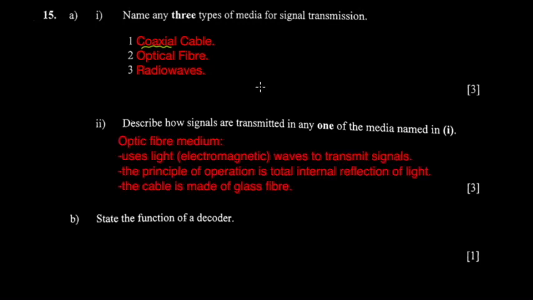Describe how signals are transmitted in any one of the media named in one. So we named optical fiber. So it uses light. Light simply means electromagnetic waves, visible and invisible light. So there's some part of light that we don't see.